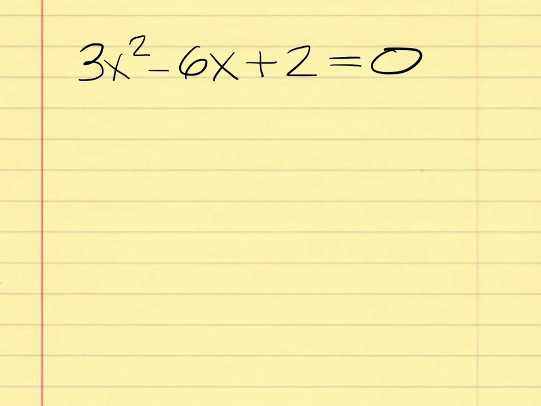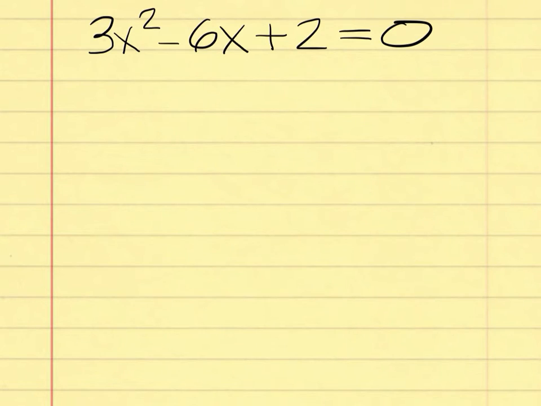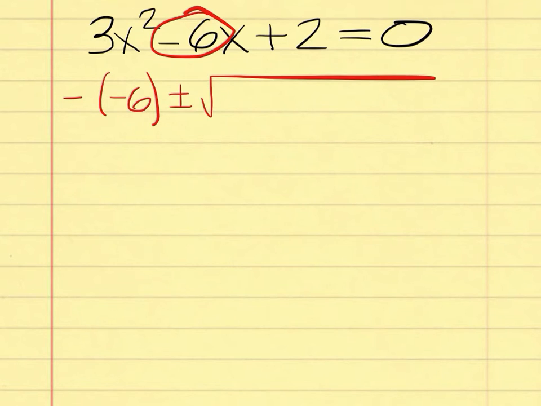The problem is 3x squared minus 6x plus 2 equals 0. All right, so we're going to have a negative 6. Remember, the formula is negative b. This is b. So you have a negative 6, plus or minus the square root of the quantity negative 6 squared minus 4 times 3 times 2.